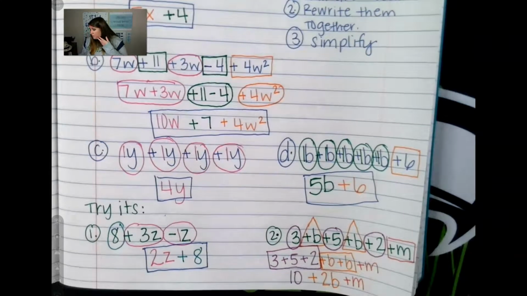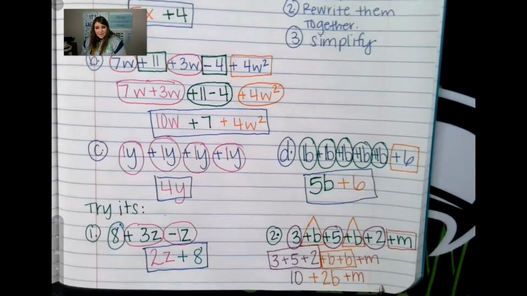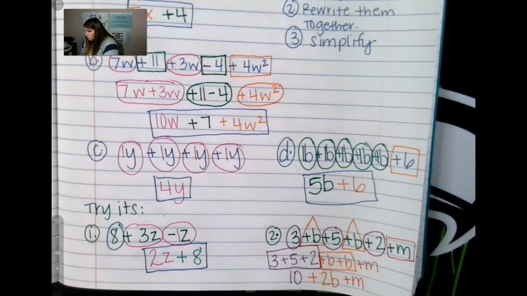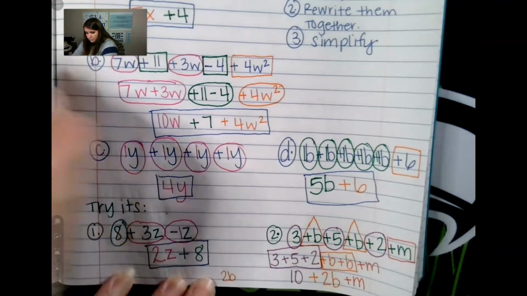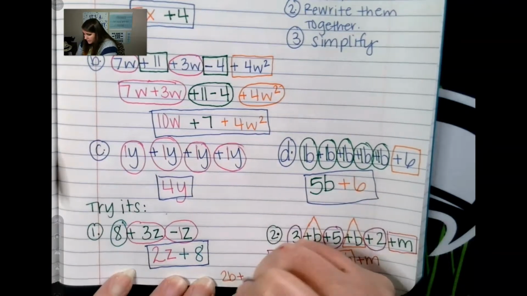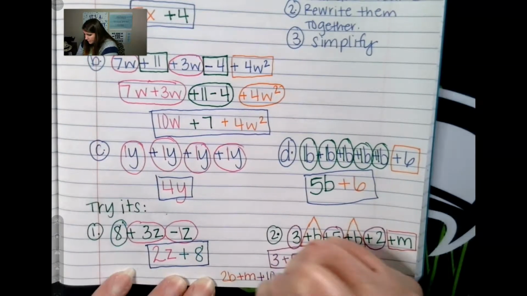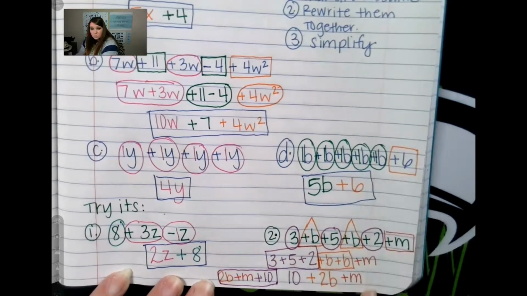All I'm going to do now is just rewrite this problem so that my 10 comes at the end by using the commutative property to move things around. So this problem should be 2b plus m plus 10. That is my final answer for this one.